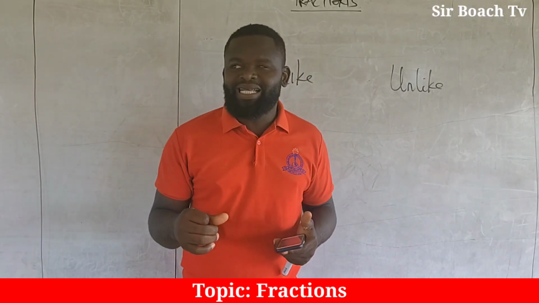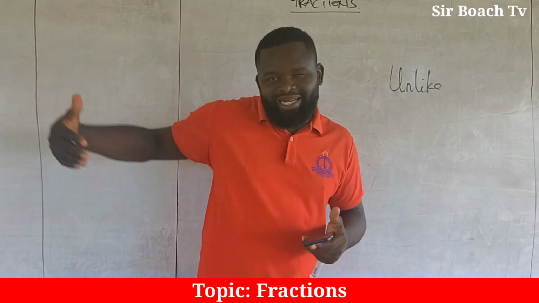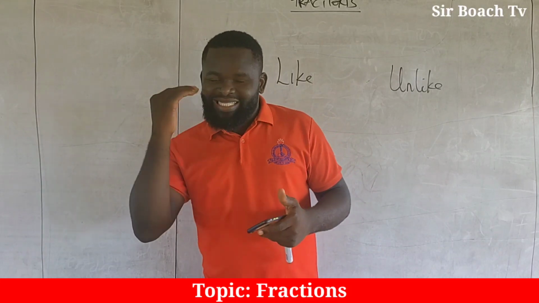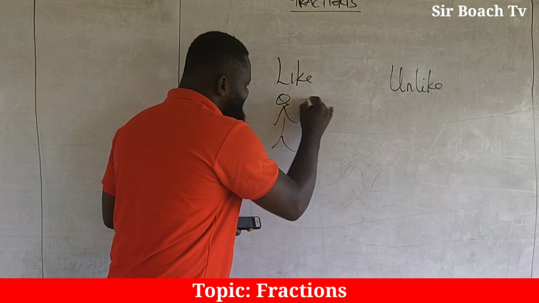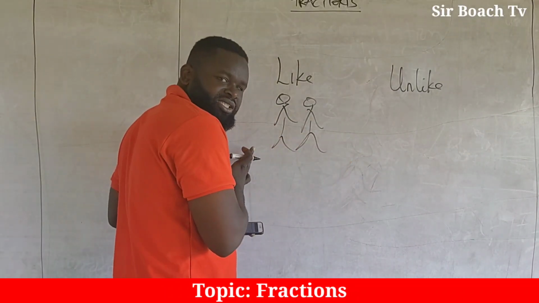Now, when I am walking in town with a lady and my hand is all over the neck of the lady, people will be like, hey, are they couples? You understand? That idea will come out. So if a lady and a lady are walking, they are of the same gender, so they are like fractions.